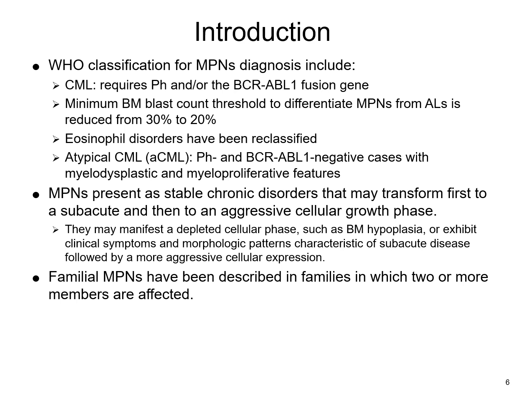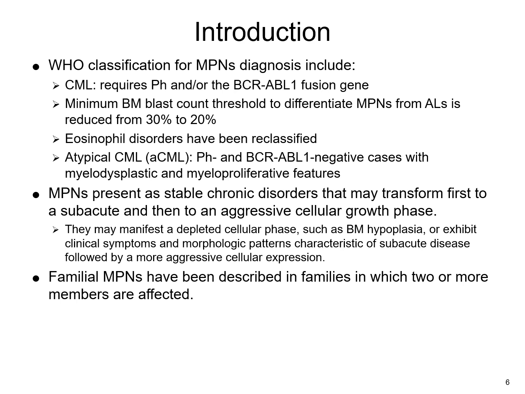So your myeloproliferative neoplasms can present as stable chronic disorders that may transform first to some sort of subacute phase and then onto an aggressive cellular growth phase. They can manifest as a depleted cellular phase, such as bone marrow hypoplasia, or they can exhibit clinical symptoms and morphological patterns that are characteristic of subacute diseases that will be followed by a more aggressive cellular expansion.